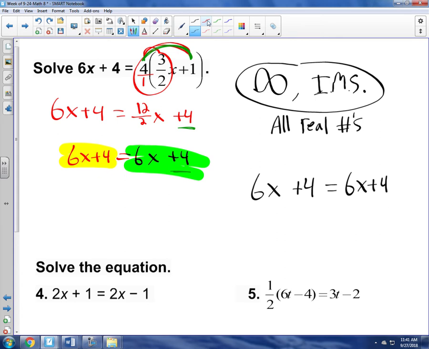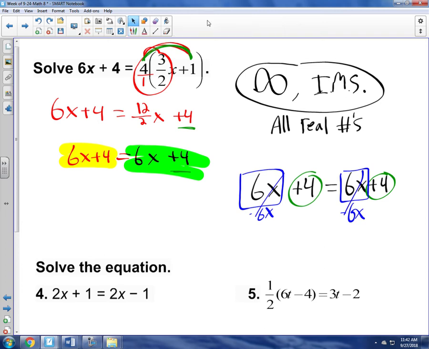If we look back at our groupings again, and we call this our constant term, this our variable term, and our variable term, and we try to collect the variable terms, we move over the 6x by subtracting it on both sides. We now have nothing there. We just have 4 is equal to 4.